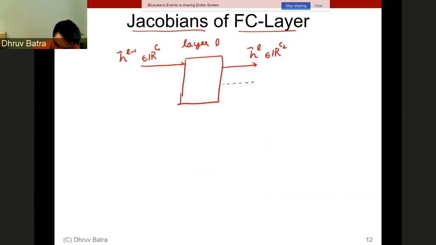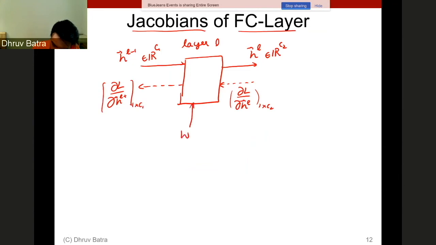During backprop, we get as input the partial of loss with respect to H^L, which is a 1 cross C2 vector, and we have to produce the partial of loss with respect to H^(L-1), which is a 1 cross C1 vector. There is a W matrix, and therefore we have to produce this.